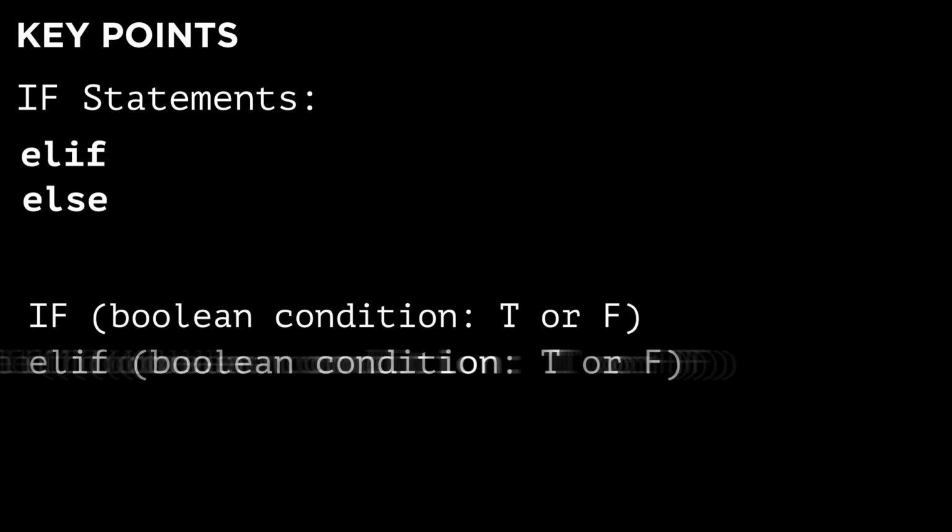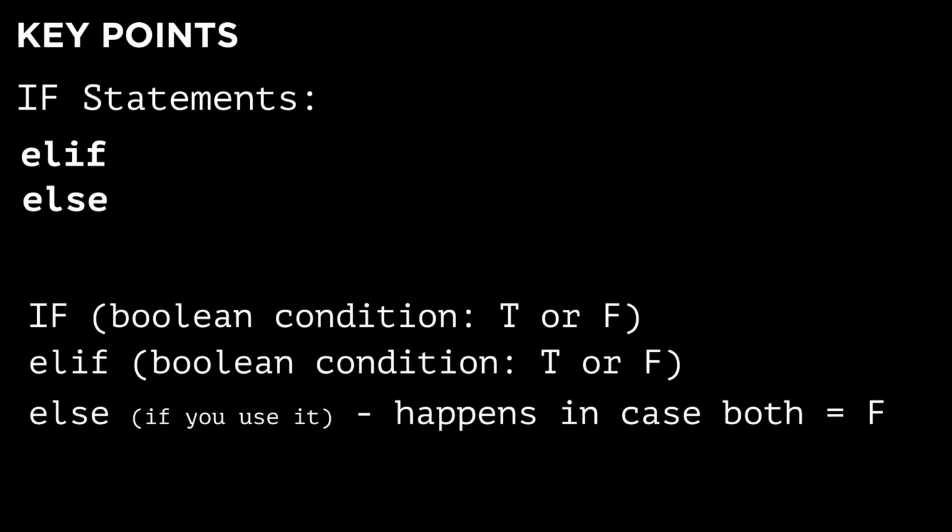The elifs also have to have a Boolean condition that evaluates to true or false. And then the else, if you include it, will happen if none of the Boolean conditions above had evaluated to true. But the else doesn't have to be included. You can leave it out and just have nothing happen in those cases as well.